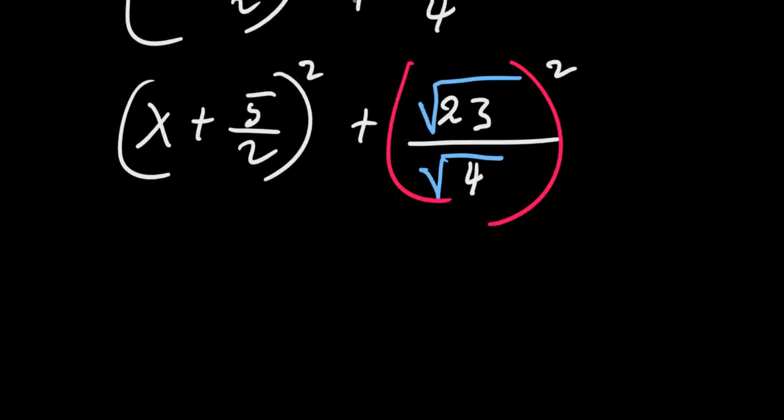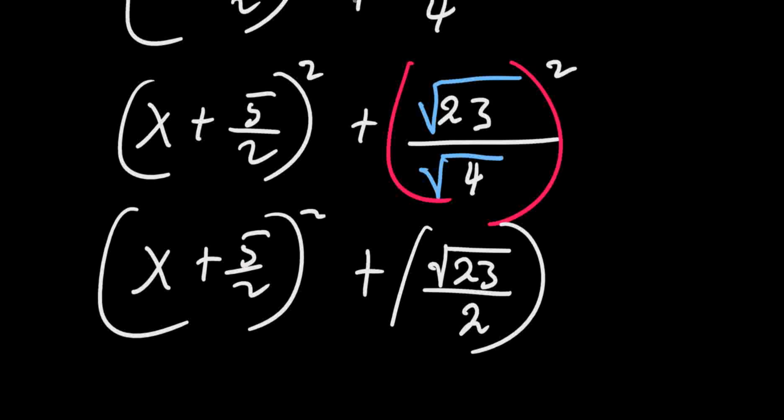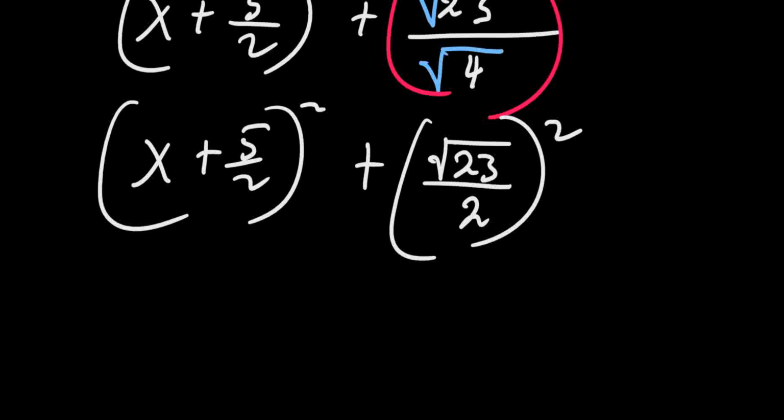So we can also write it in this way: (x plus 5 over 2) squared plus (square root of 23 over, now the square root of 4 is 2, so let's just place 2 here) squared. Good. So we have been able to write the content of the square root in this form.